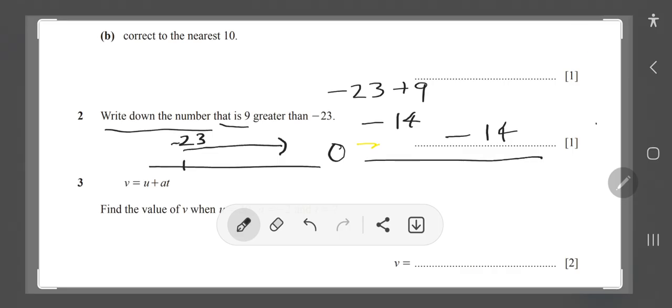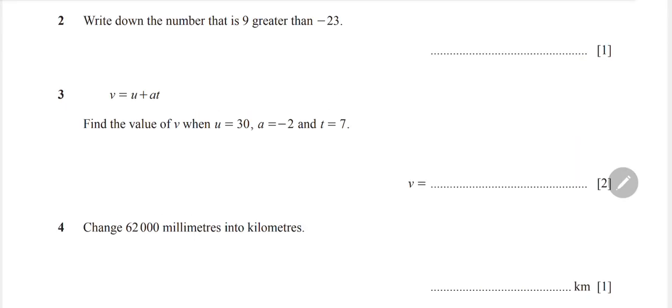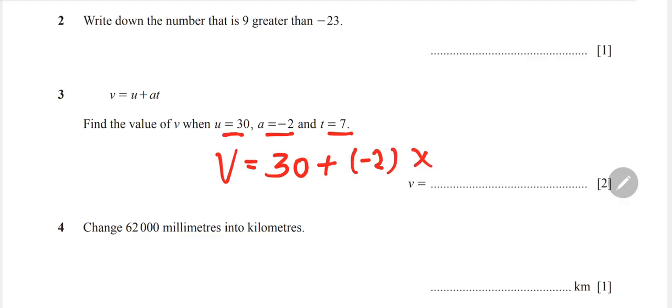Next question. One equation is given: v is equal to u plus at. Find the value of v when u is equal to 30, a is equal to minus 2, and t is equal to 7. So v is equal to u, and u we just put as 30. a is minus 2. Why do we use a bracket? Because it shows that the minus sign is there in a.